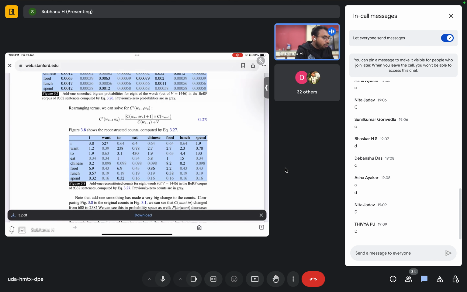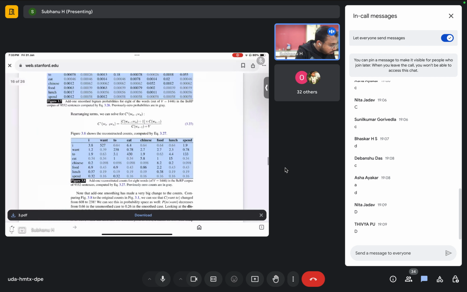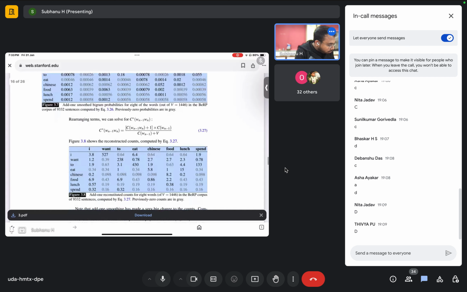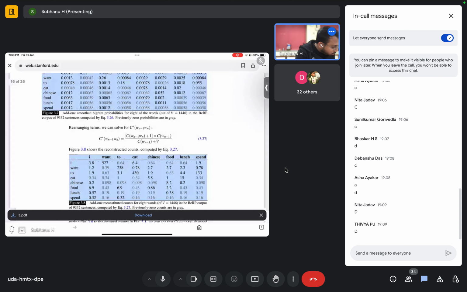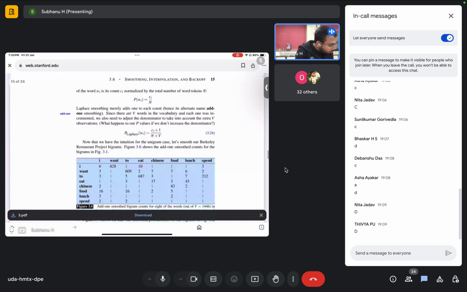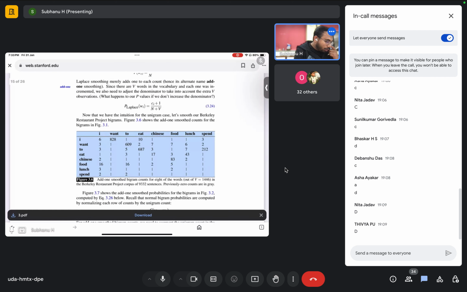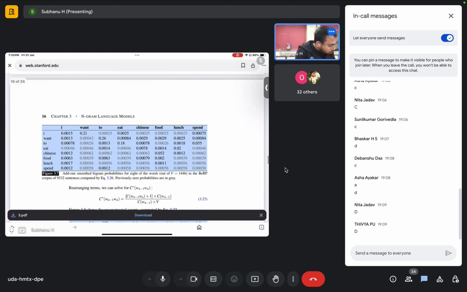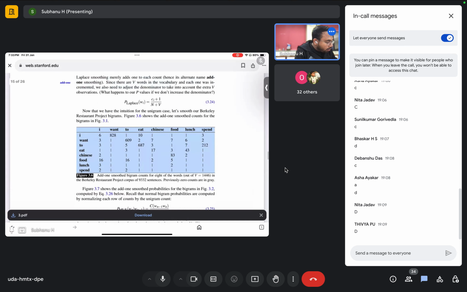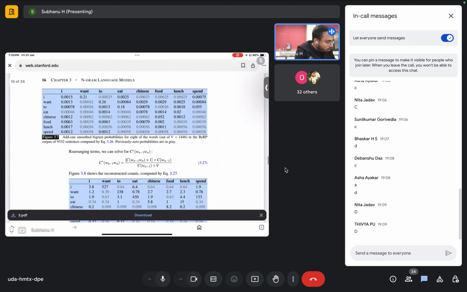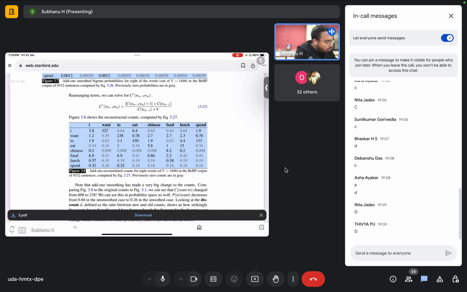Basically what happens here, this to Spain was 133 and previously it was 212. And this was 2 and that was 3, and they came to very low numbers like 1.9 and 0.78.